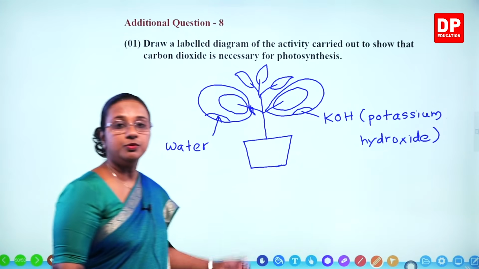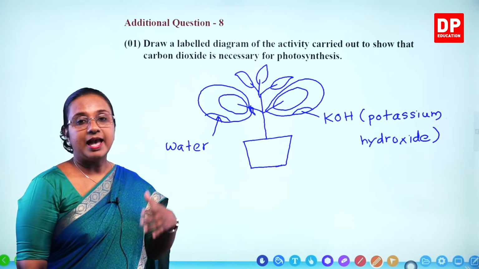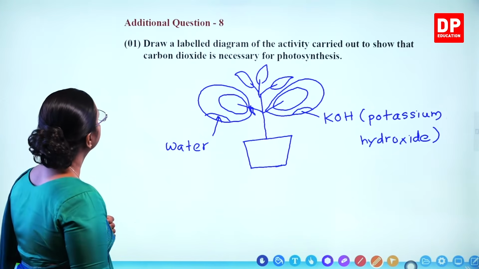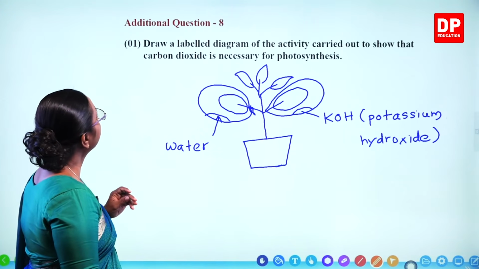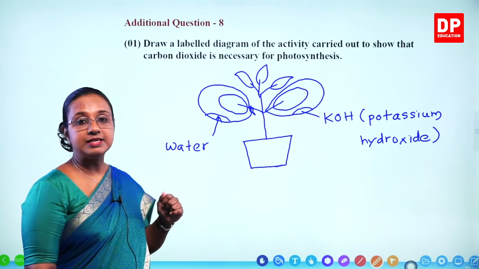Then what do we do? We leave this setup in the sunlight and then prepare the leaves and test them for the presence of starch. Since they have asked for the labelled diagram, if you show this, that is enough.